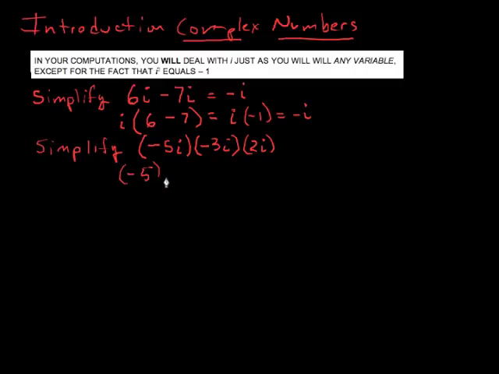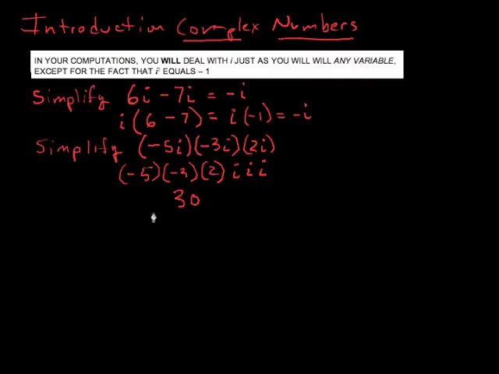This is -5 times -3 times 2 times i times i times i, right? All I did was rearrange these terms, so now we can see -5 times -3 is +15 times 2 is 30. And what do we have over here?